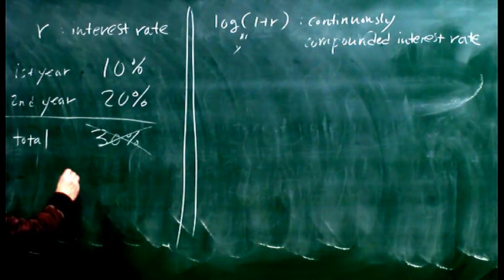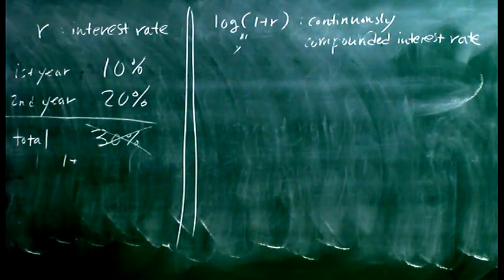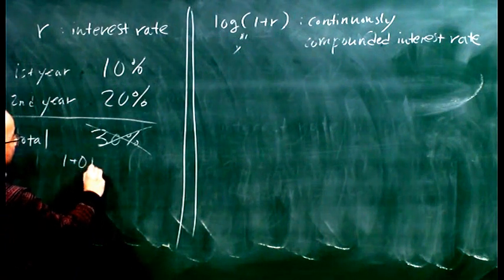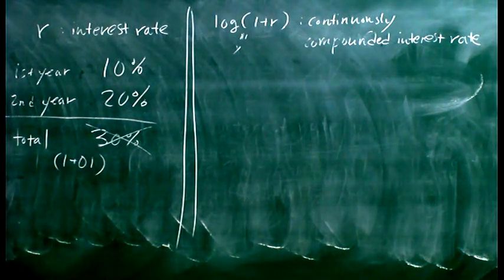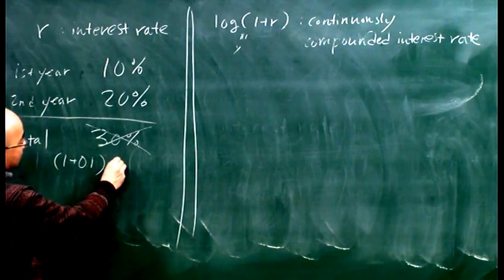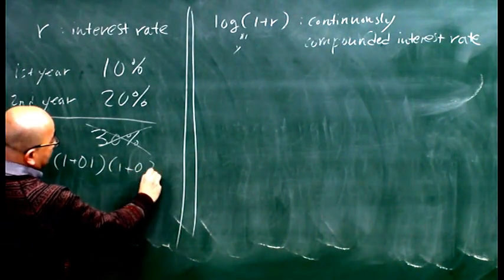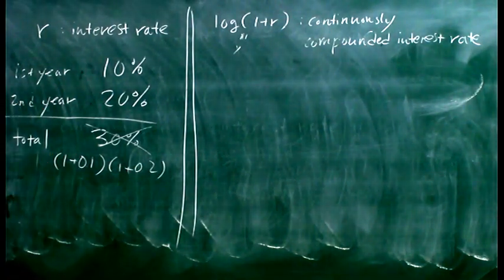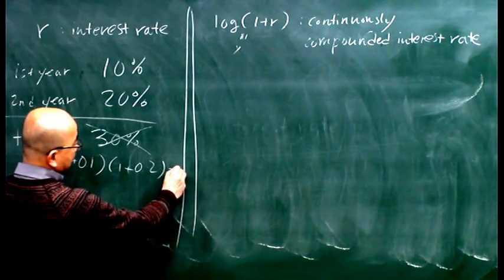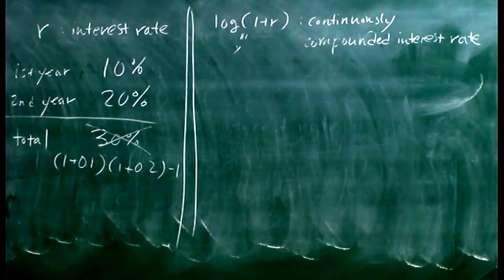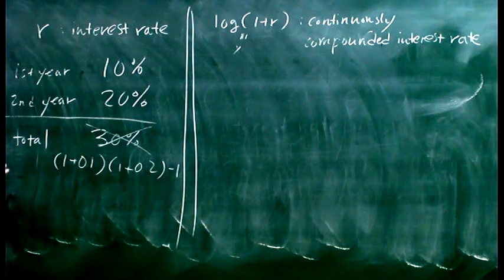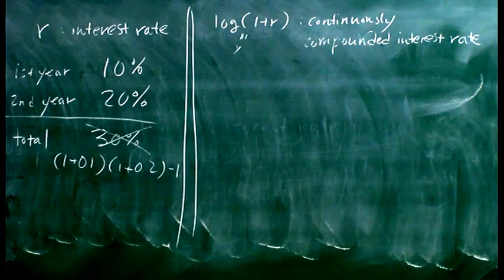Then the total interest rate would be, of course, 1 plus 10%, so that is 0.1, for the first year. And for the second year, it's 1 plus 0.2. To express this as an interest rate, again, you will want to subtract 1. So that's the total interest rate for this 2-year period.